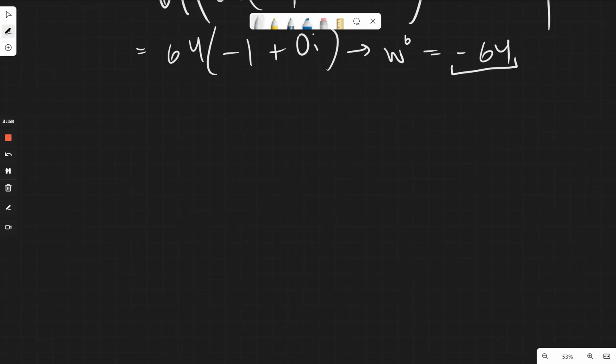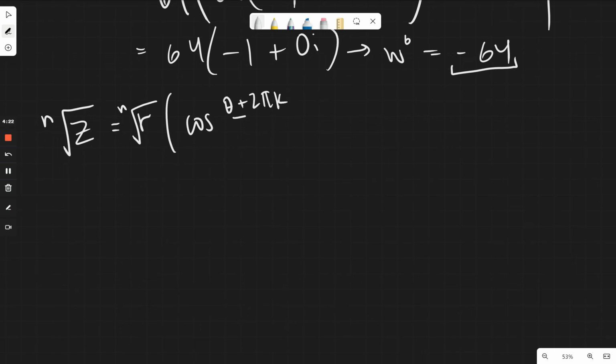So the formula for this is z to the 1 over n, the nth root of z, is equal to the nth root of r, times cosine of theta plus 2 pi k over n plus i sine of theta plus 2 pi k over n.